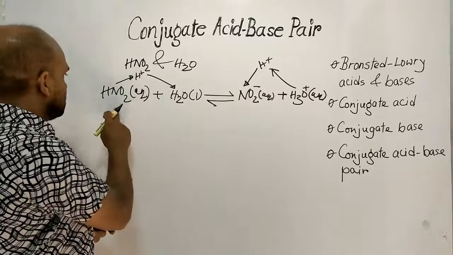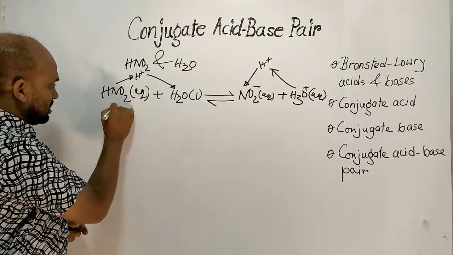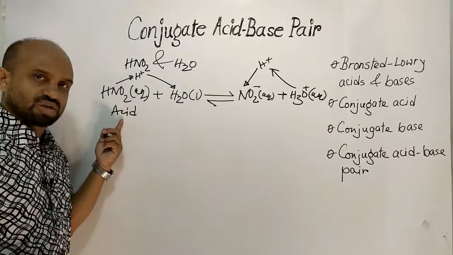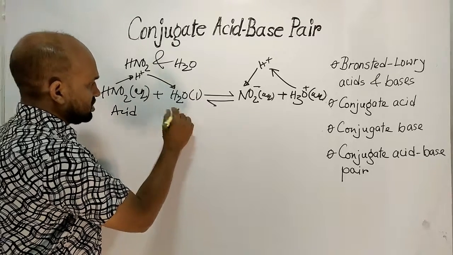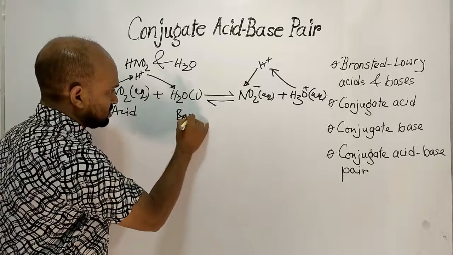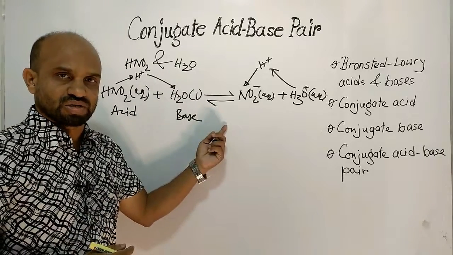So here nitrous acid is proton donor, so this is acid, Bronsted-Lowry acid. Water is proton acceptor, so this is Bronsted-Lowry base at the time of forward reaction.